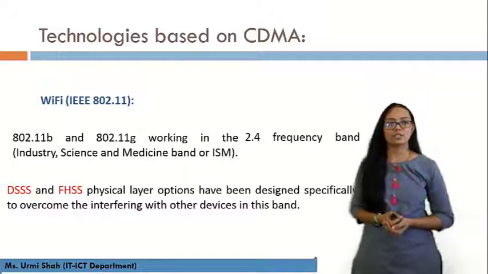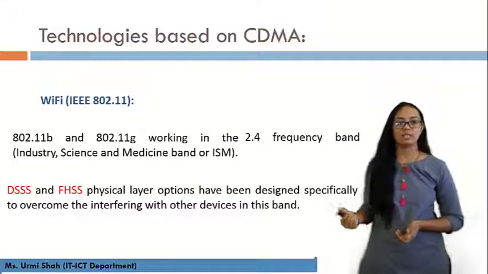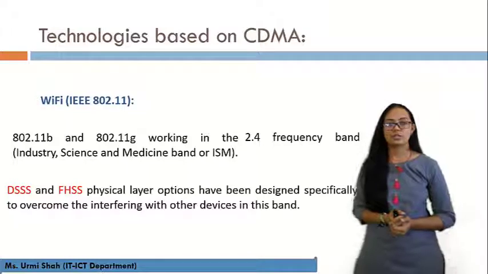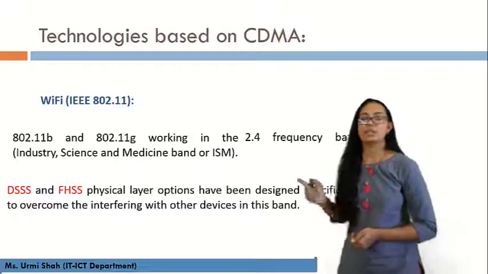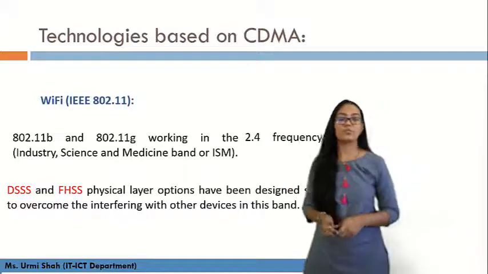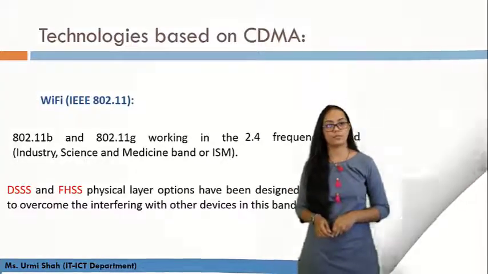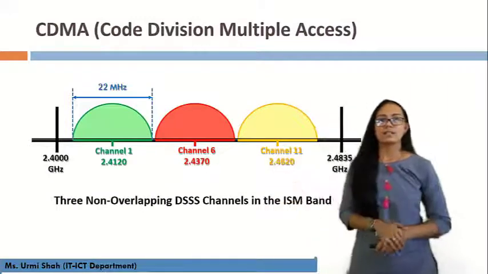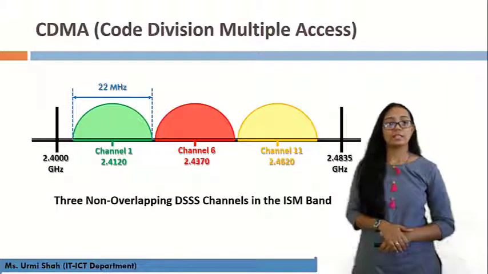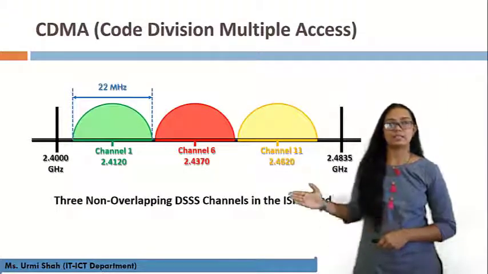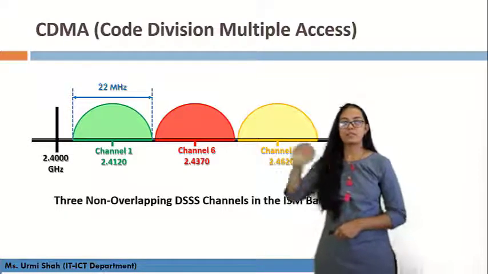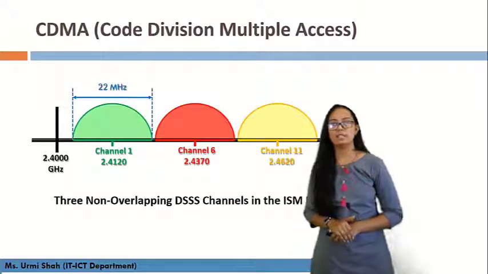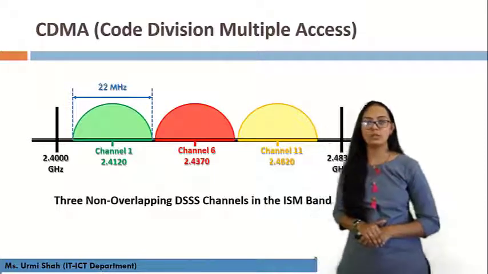DSSS and FHSS physical layer options have been designed specifically to overcome interference with other devices in this manner. So these concepts are used for Wi-Fi technology also. This is the allocation of the three non-overlapping DSSS channels in the ISM band. The first channel is allocated at frequency 2.412 GHz.